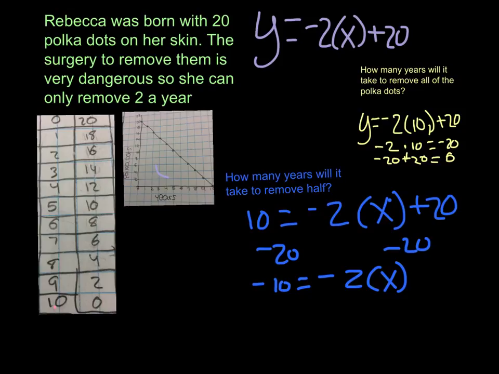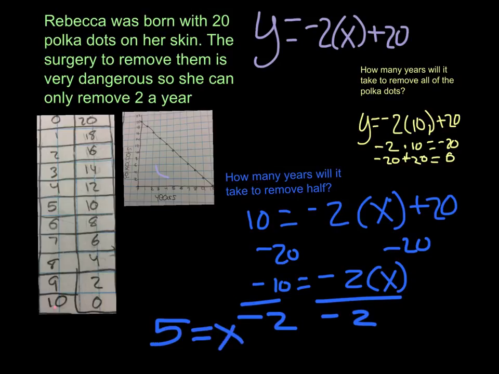Now there's only the negative 2 left besides x, so we divide both sides by negative 2, and we get 5. So 5 equals x.